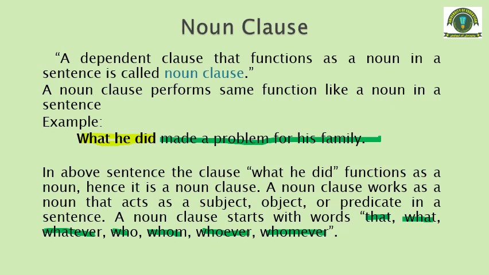So if you see a sentence and you're confused about what part it is, and then you come to know about these words, that, what, whatever, who, whomsoever, whom, whoever, if the sentence is beginning with these words, it means it's a noun clause. It is a subordinate clause. Got it?